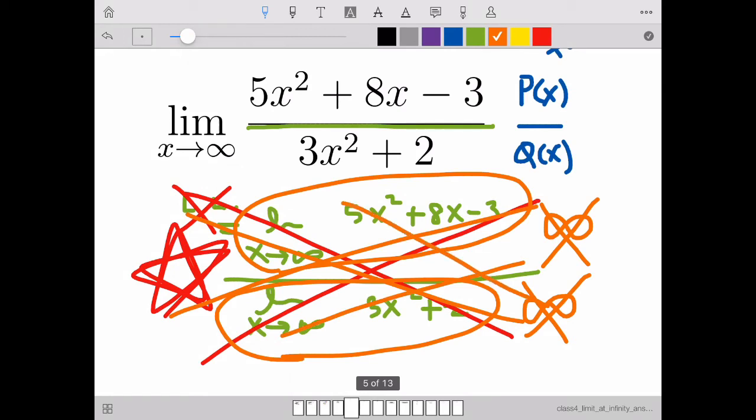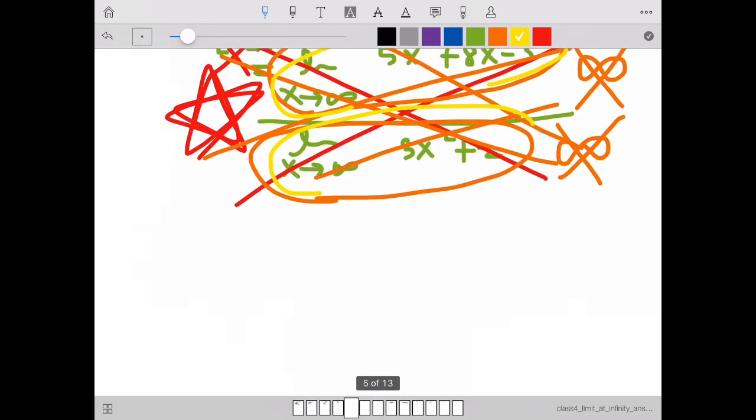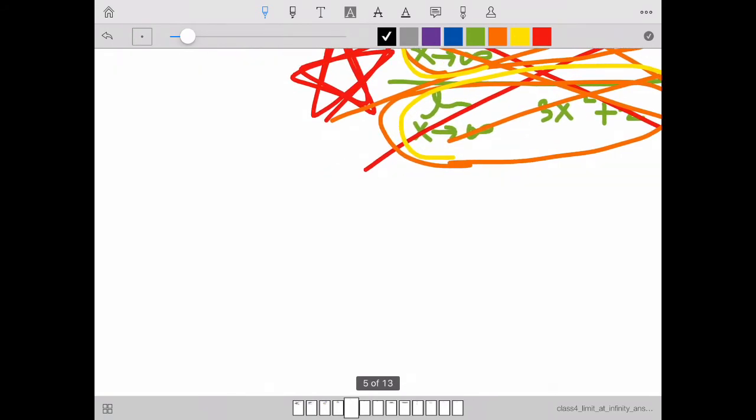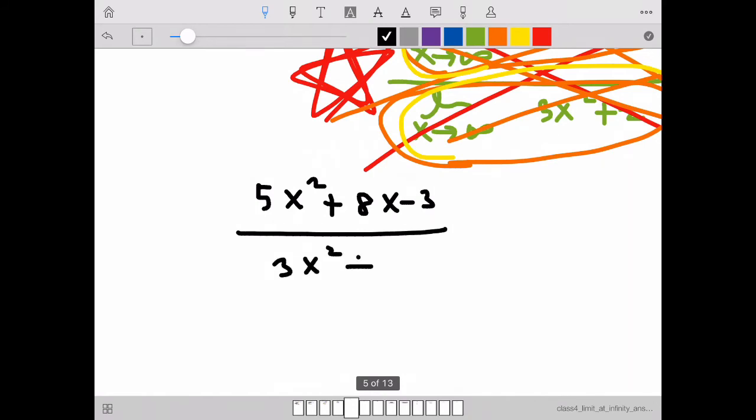Okay, so how do we do such a thing? You have to make sure that each limit is finite to use limit law. So to do that, my function is 5x squared plus 8x minus 3 over 3x squared plus 2. I'm going to divide top and bottom by highest power in the expression.